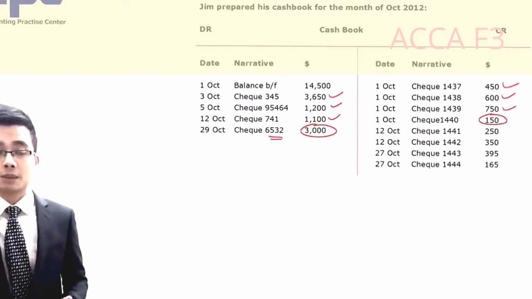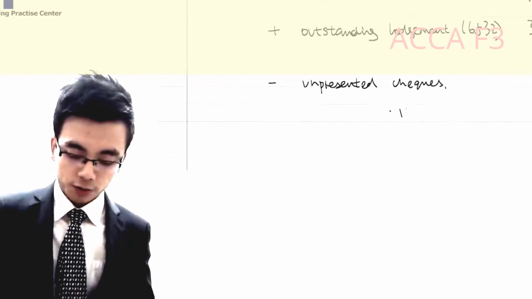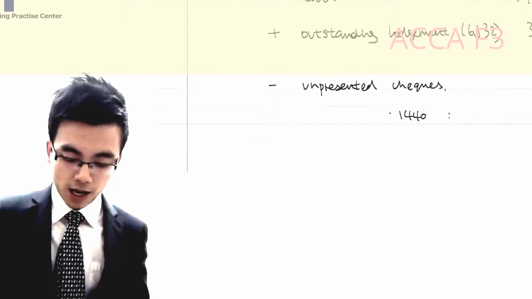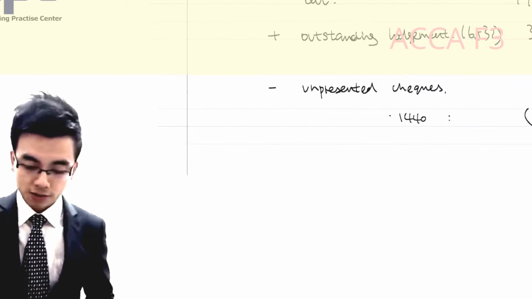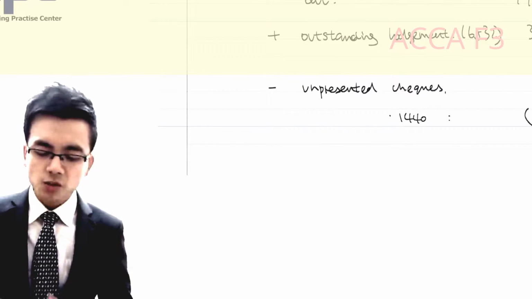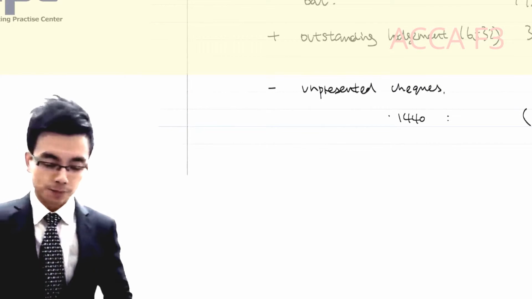So this is the timing difference, and this is called the unpresented checks. So 1440 is worth 150, sorry, and we're going to deduct it from the adjusted bank statement balance.